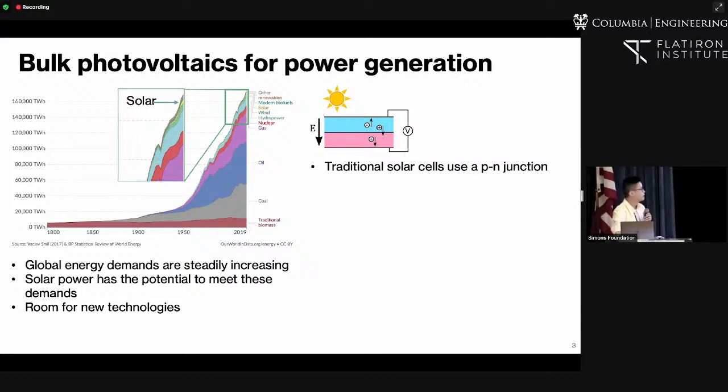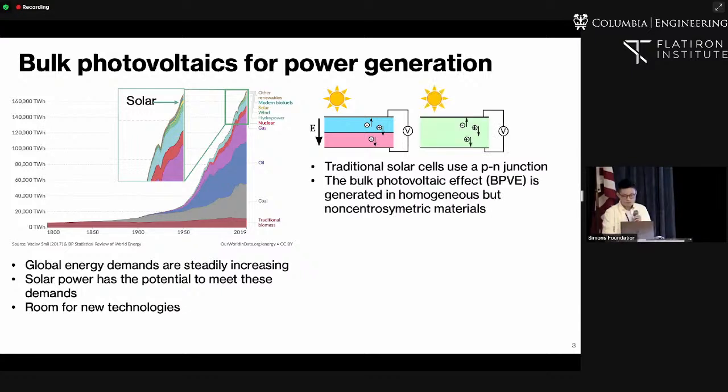So people want to find new mechanisms to build new types of solar cells that can surpass this limit. And indeed, people have observed that for a homogeneous material, if there's no inversion symmetry, like there's no inversion center in this material, then we can still observe some steady-state DC photocurrent under illumination.